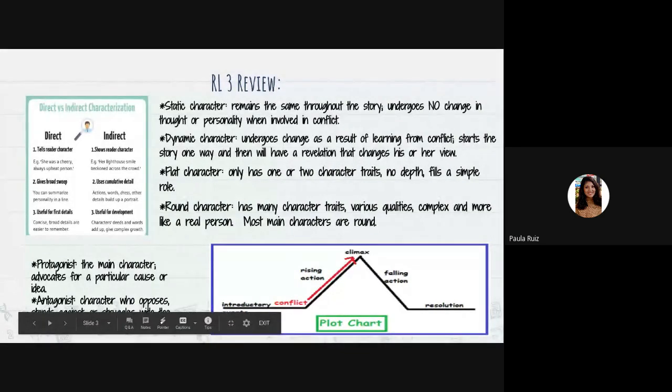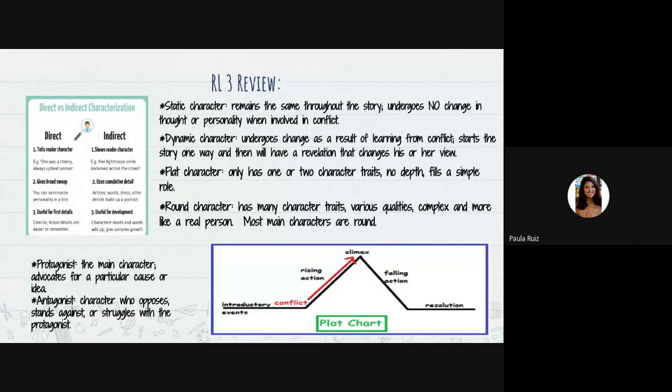You've heard these terms, I'm sure, for a long time, but the main character is a protagonist, who usually advocates for a particular cause or idea. The antagonist is the character who opposes, stands against, or struggles with the protagonist. It's not always just good versus evil, but it can be. The antagonist is just something or somebody who opposes the protagonist.